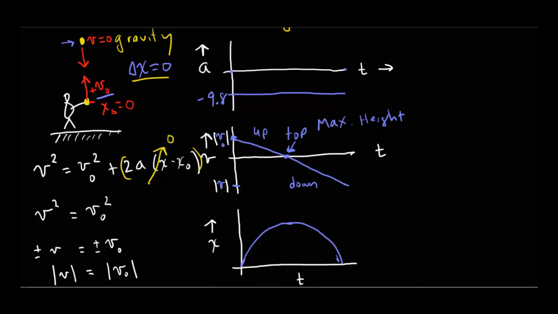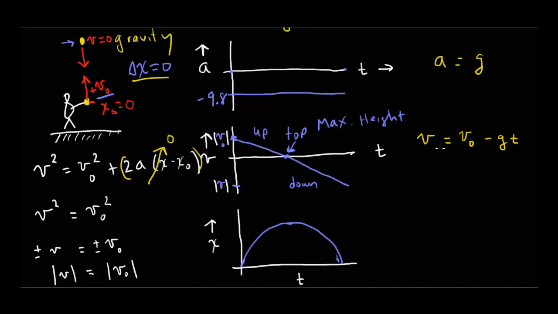In equation form, the acceleration is just equal to g, negative 9.8. What would the equations look like? The velocity at any time is equal to the initial velocity minus gt. Notice I put a negative in here.